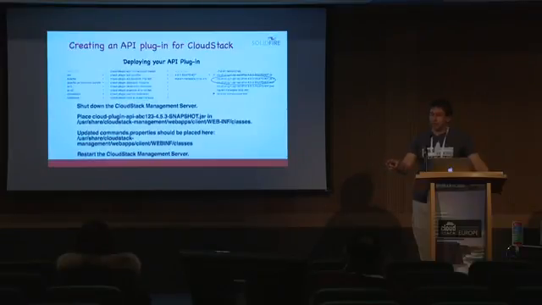And then we also want to make sure that the commands.properties file, that was the one that listed the API command equal the access permissions. We want to make sure that we either update that one on that CloudStack management server install, or we take our file that we updated earlier and put it over the top of this one. If you do that, you just have to make sure you're not wiping out anybody else's commands that might be in that file.